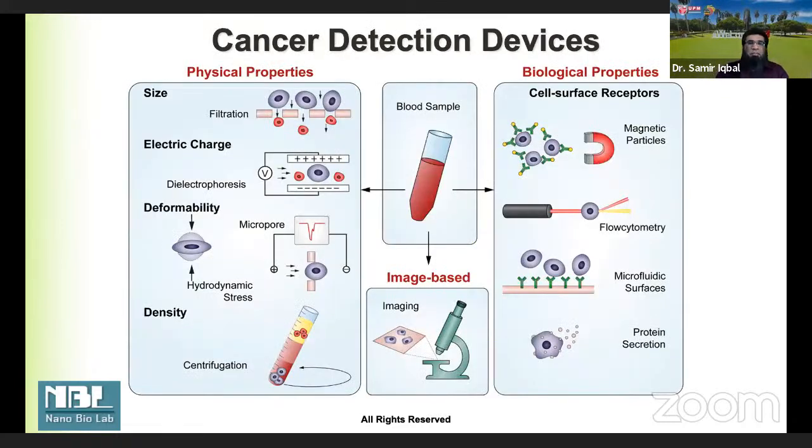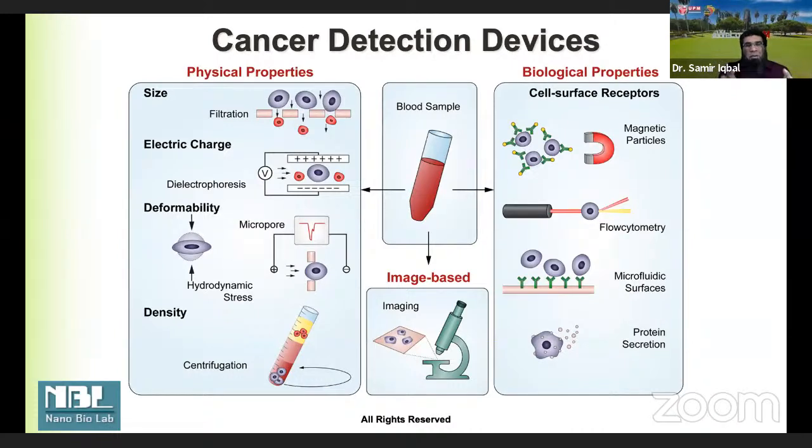Now, what is that behavior? We can look for size differences. That's the idea of micropores, using very small pores, microscale holes in a membrane, where we push cells through and we look at size difference. We can look at the elasticity difference of the tumor cells.